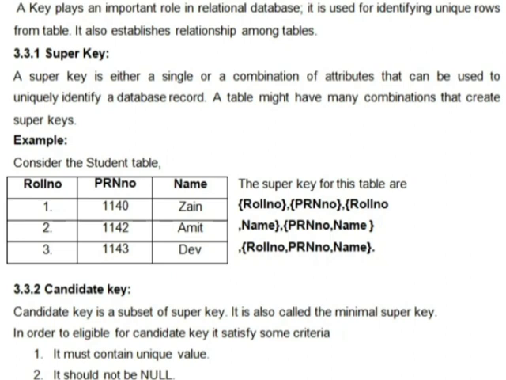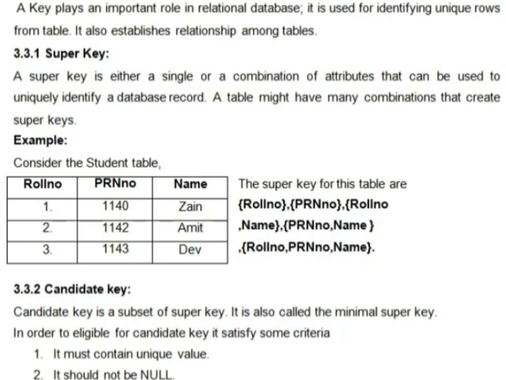Roll number can be a super key. PRN number is a super key. And if we take roll number and name, PRN number and name, these pairs can be a super key. Or in the worst possible case, we can combine all three attributes for uniquely identifying the record.